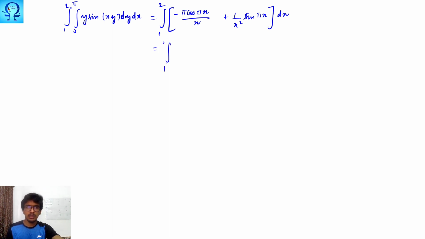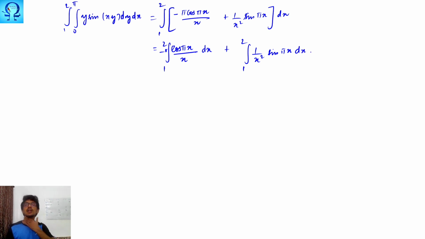Only the first one let us do. Let us take minus pi outside, so it is cos pi x upon x dx, plus this one we shall write separately, integral 1 to 2 of 1 upon x square sin pi x dx. Let us not do anything to the second integral. Let us try to do the first integral alone.